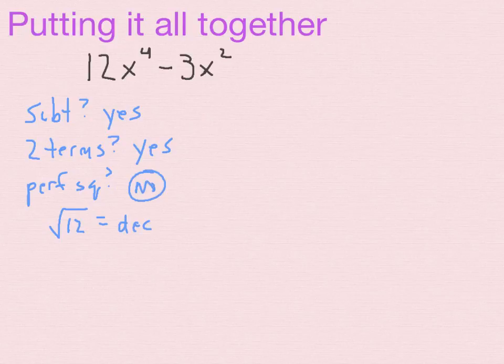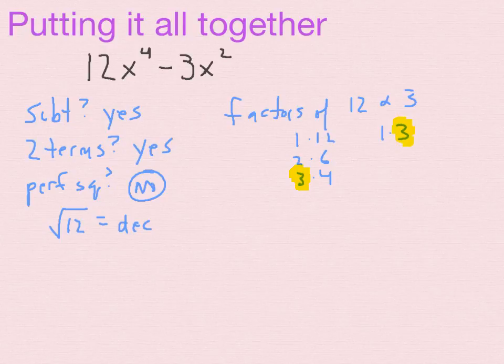So let's think about this. What are the factors of 12 and 3? Well, 12 is 1 times 12, 2 times 6, and 3 times 4. 3 is 1 times 3. So as I look here, I notice they do have a GCF of 3.